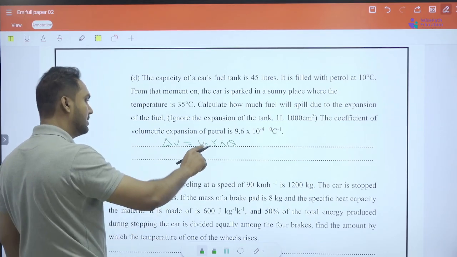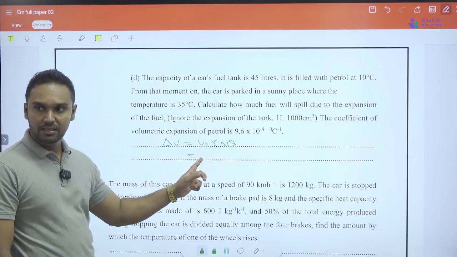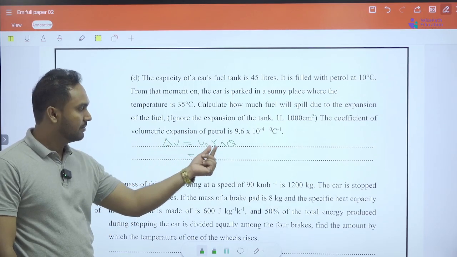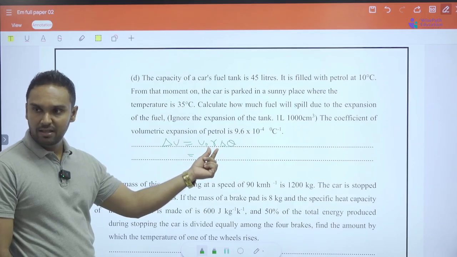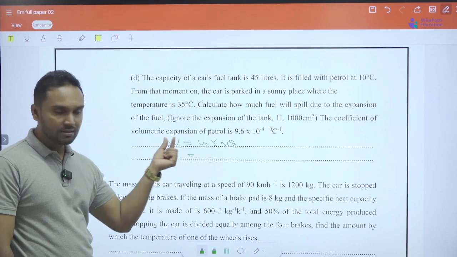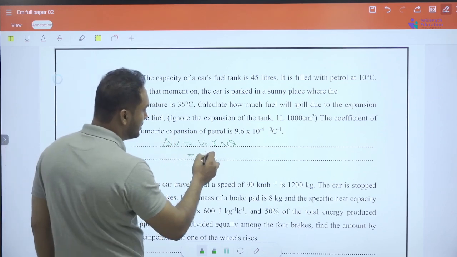Now, even liters is fine, because gamma doesn't contain any liters or meters or cubics. If you apply V naught in liters, this will give liters. So that's okay to apply in liters. Yeah, fine, so 45 liters.